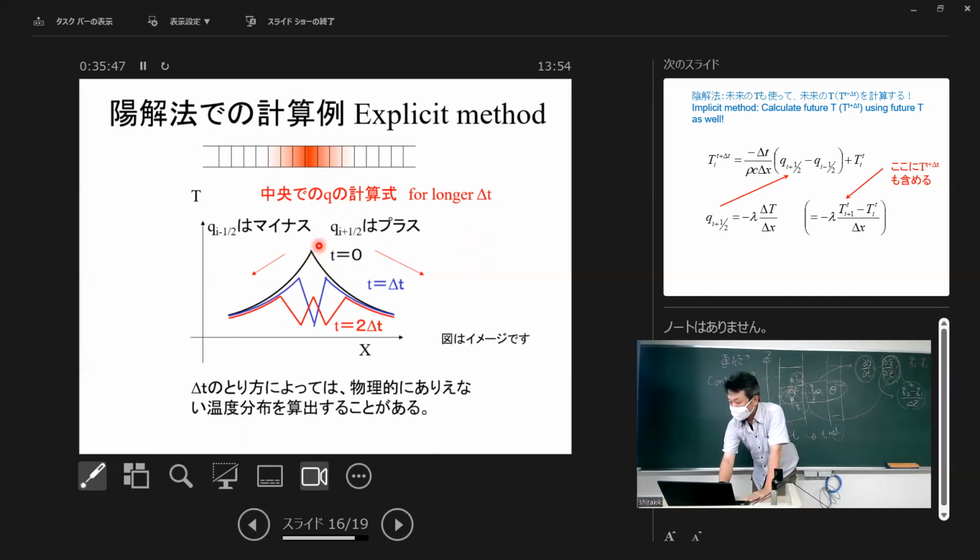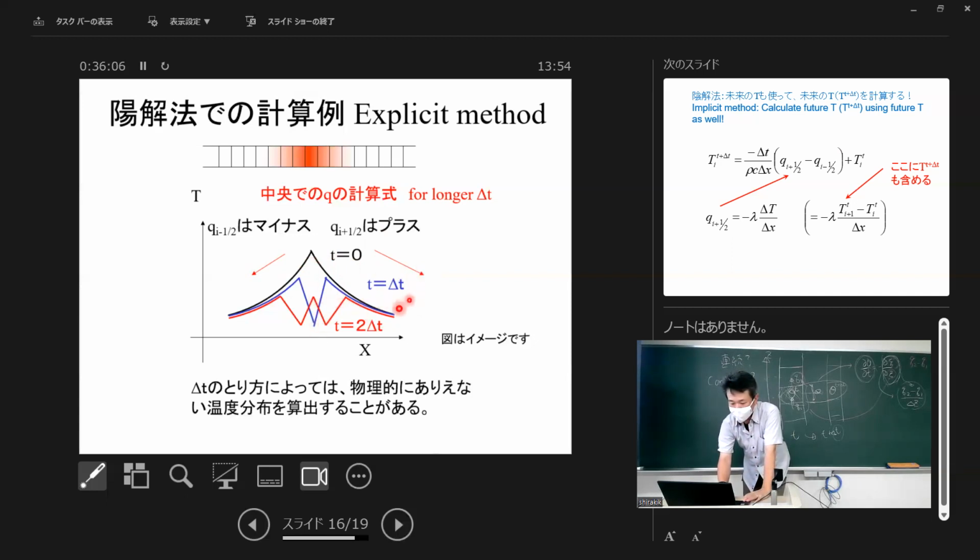So thermal will be flowing to the left and right heavily. So then next delta t time step, this will be calculated rapidly.